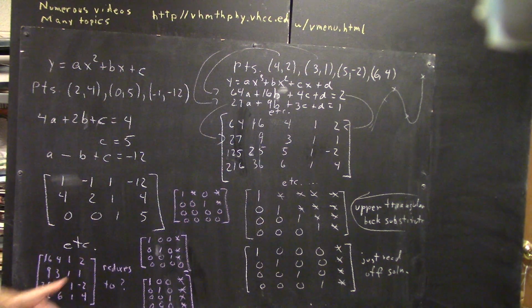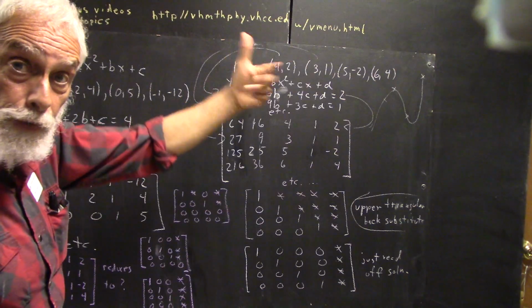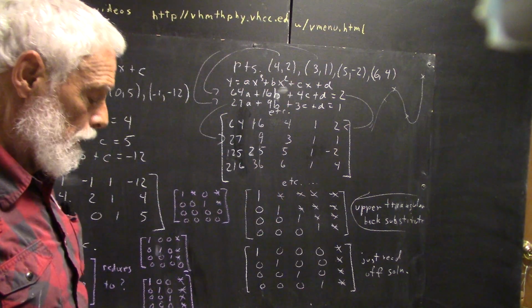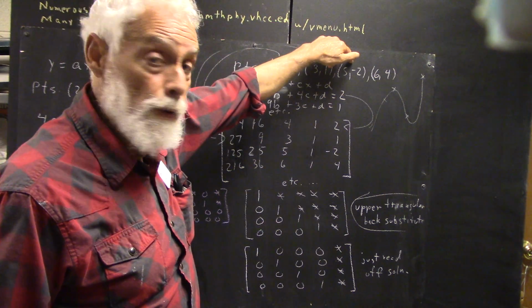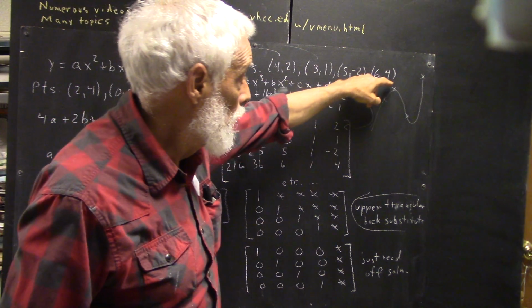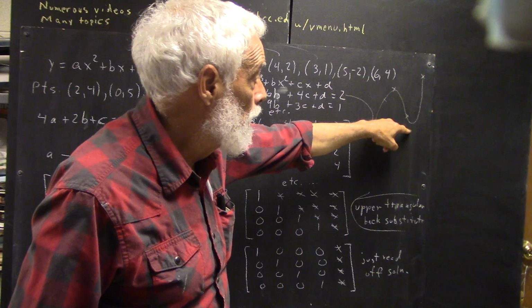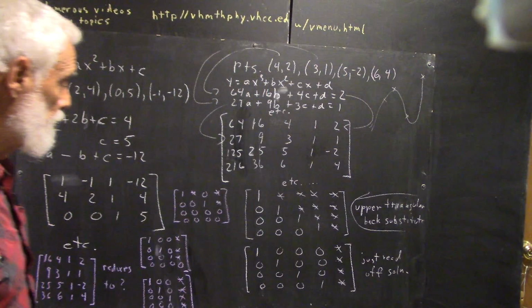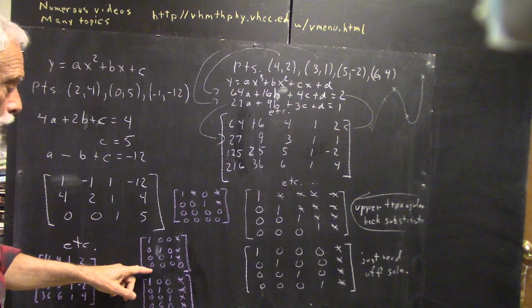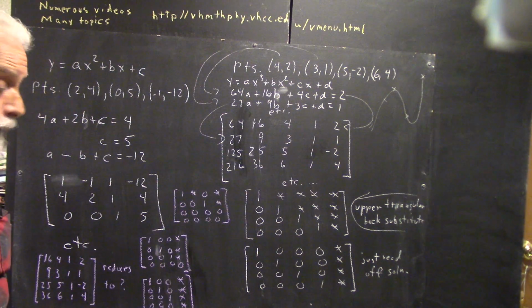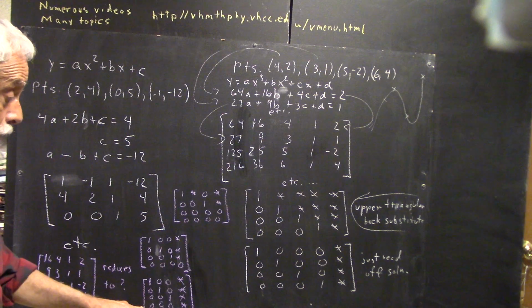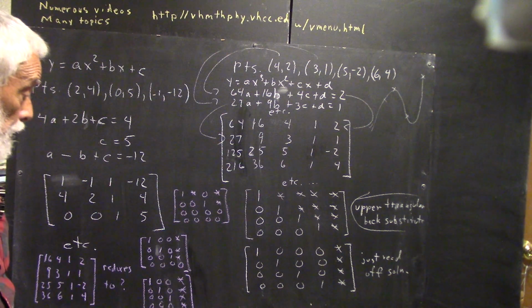Now, it is possible that we could have 4 points that all lie on the same parabola. Maybe this 4th point here lies on the parabola through these 3. So maybe we have a point that's maybe here and really does lie on the parabola. If that happened, then our last row would be consistent. 0 would equal 0, rather than inconsistent, 0 equal to something that isn't 0.